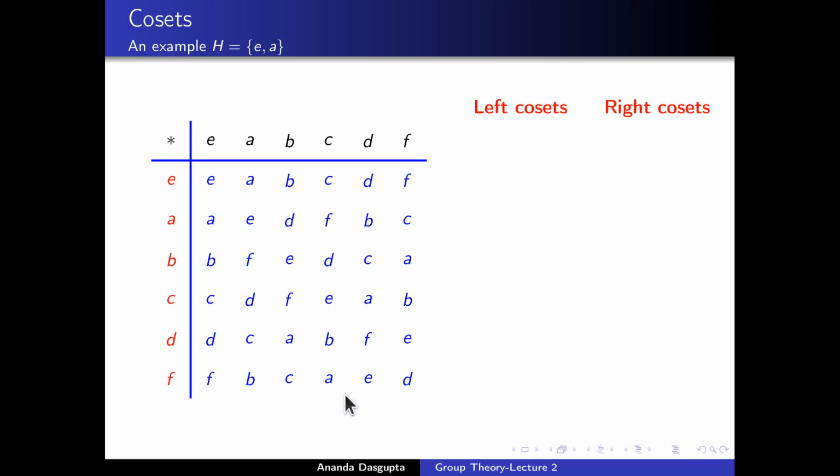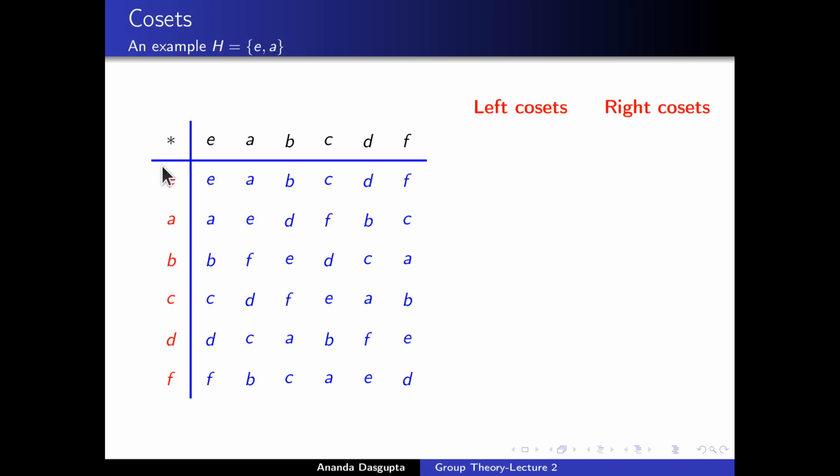Here you can see the multiplication table, and let's try to work out the left cosets and the right cosets one after the other. So what is the left coset corresponding to e? Remember, that means you are going to take e and multiply the elements of capital H, which are e and a, one after the other by e on the left. So basically you want elements like ee and ea.